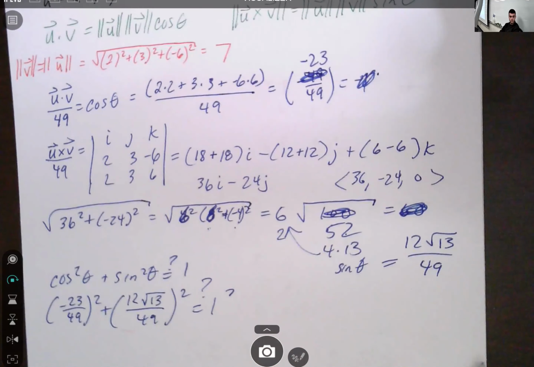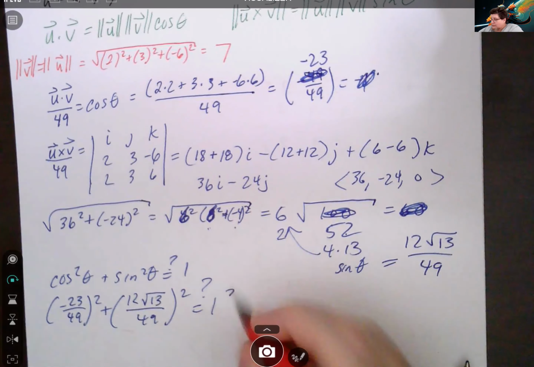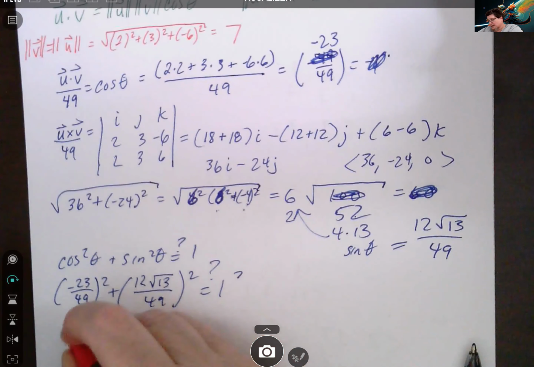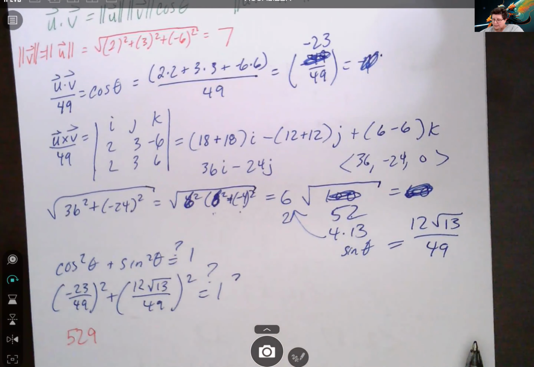All right, so let's see. 23 squared is 529, plus 144 times 13.